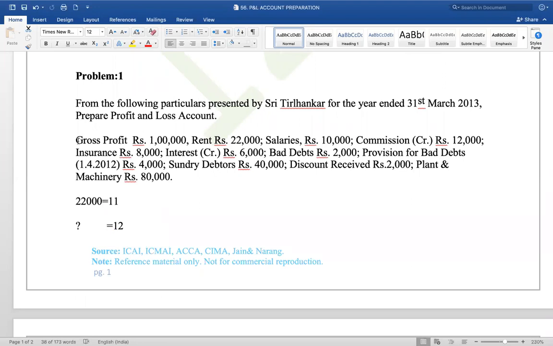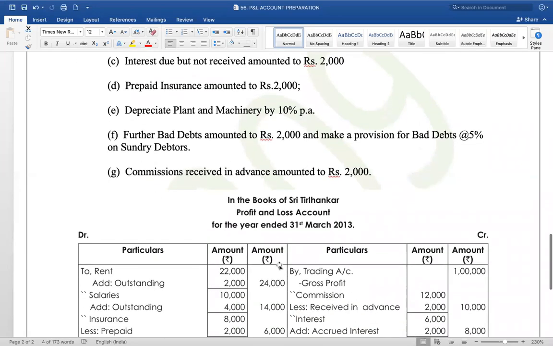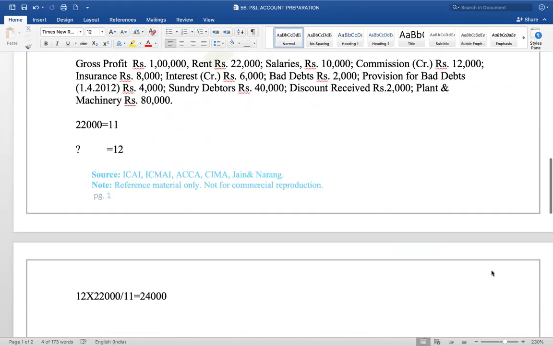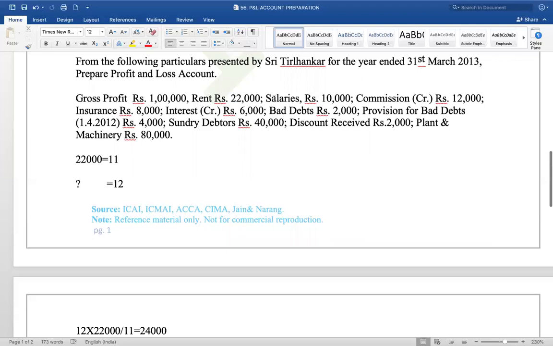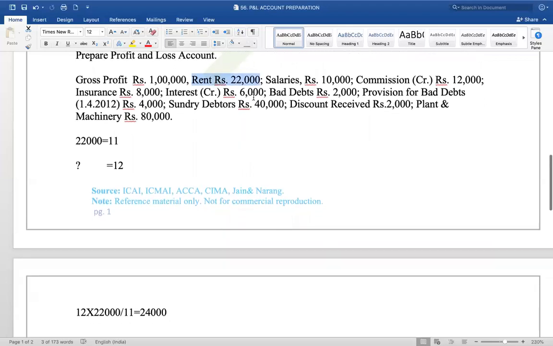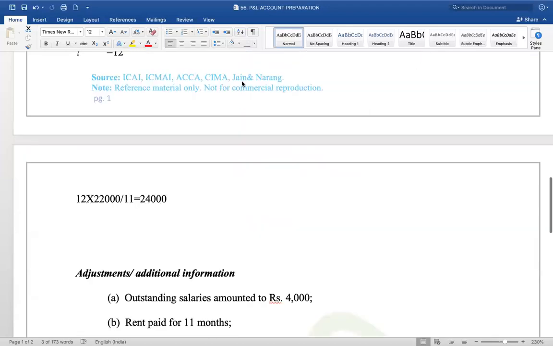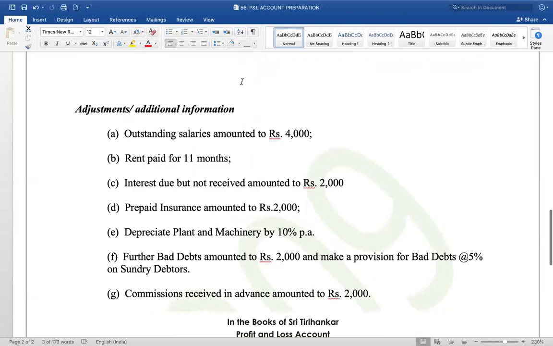Let's say if it is trial balance order, first gross profit we take. By gross profit 1 lakh. Then next is salary. Rent, 22,000. Rent is an expense. Now if you see rent here, then you will come to the adjustments and check if there's any adjustment for rent paid for 11 months.